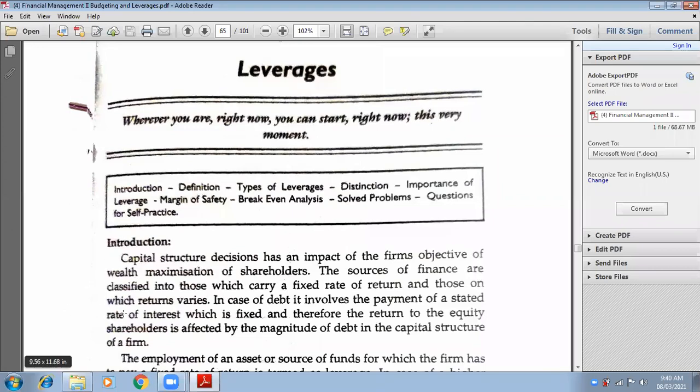Because if you are increasing the wealth of your shareholders, they will be happy, they will invest more. If they invest more, there will be publicity in the market. Because they are happy, they will inform their friends and relatives about your company. Similarly, others will also invest in your company.